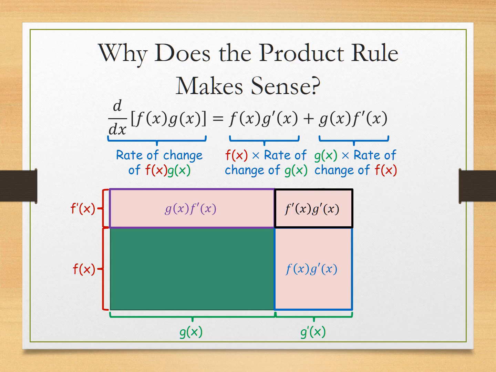Why would that be the case? Why is there not a third term? Remember what we're doing here. What we have here is an approximation, right? We are approximating the rate of change, and the approximation is completely accurate when the change is very, very small, infinitesimally small.